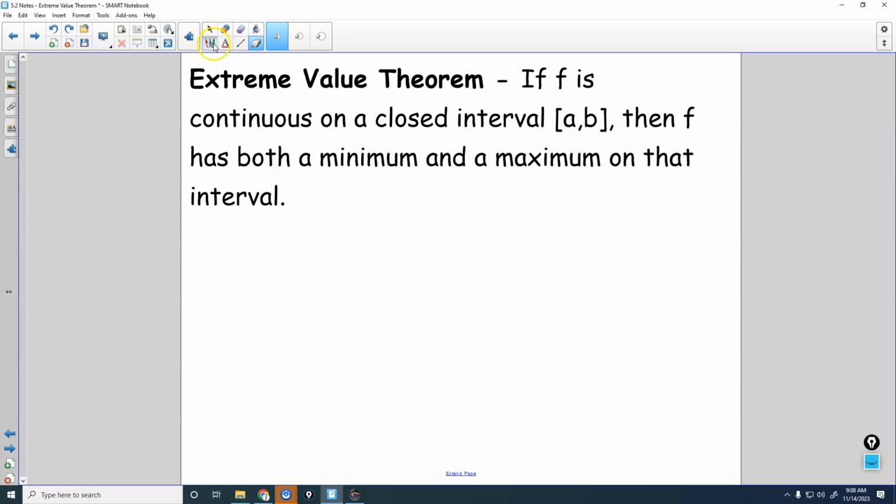And here I did not put absolute minimum or maximum. You may want to make a note of this. If you see maximum or minimum without the words absolute or relative, then that minimum or maximum is going to be absolute in this wording.